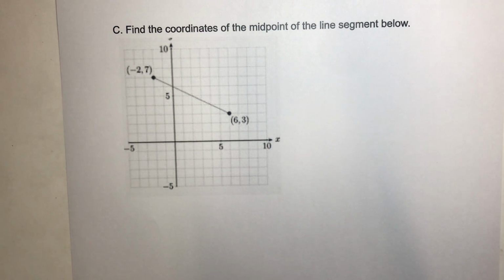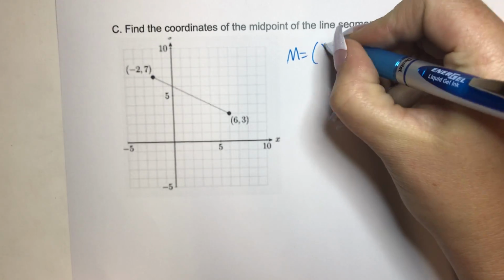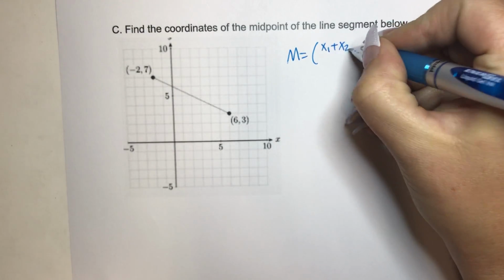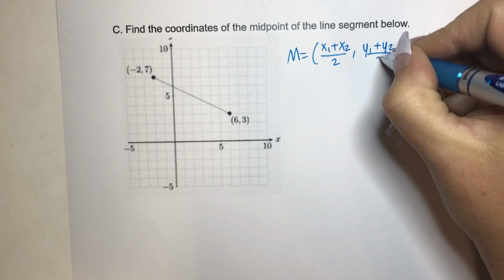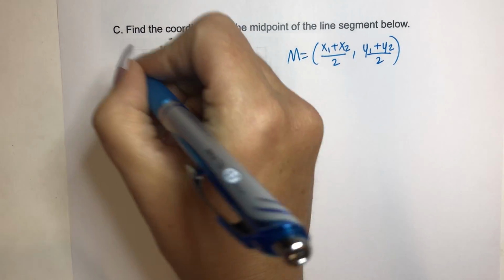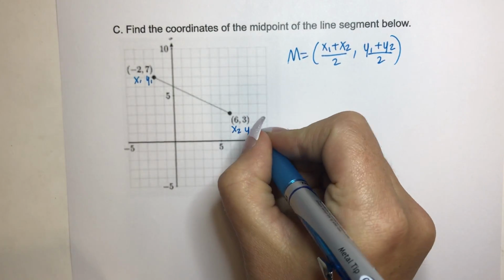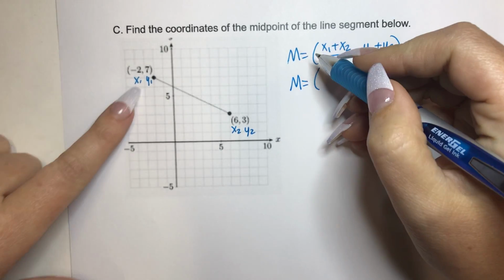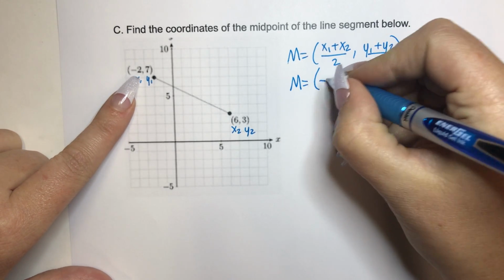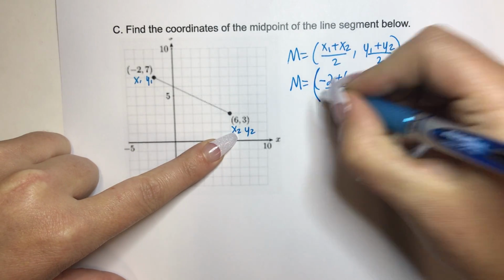Okay, the first thing I'm going to do is go ahead and write down that midpoint formula. M equals the average of the x values and the average of the y values. Okay, then I'm going to define my terms. This is x1, y1. This is x2, y2. And then we just substitute those values in. This x1 is -2 plus 6 all over 2.